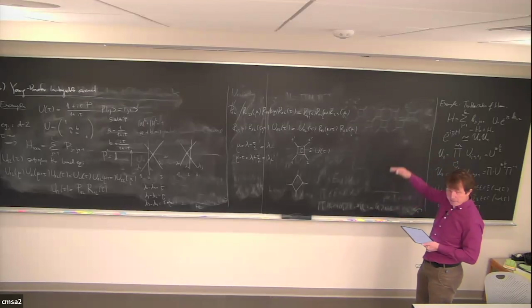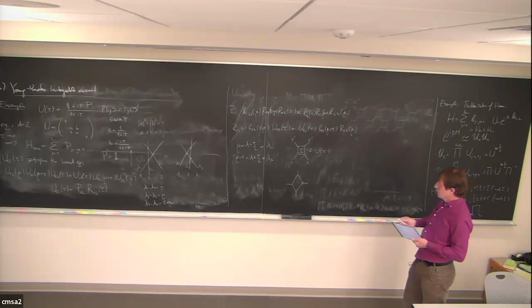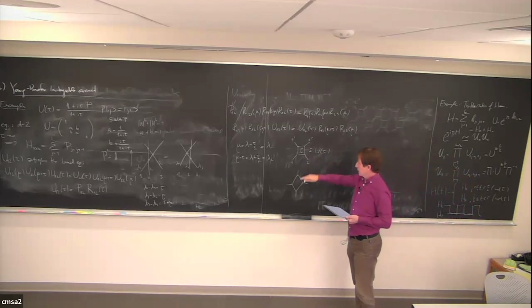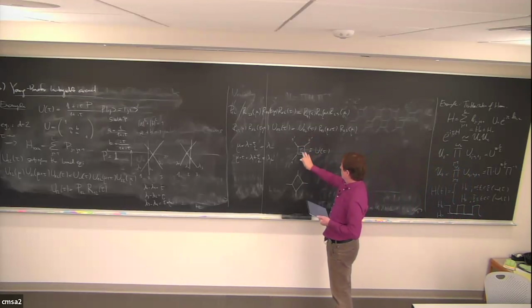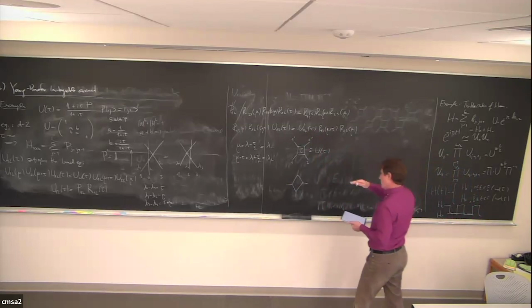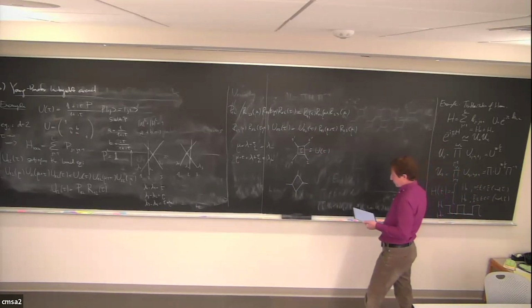But since for us time always has a well-defined direction, it's useful to rotate these things. For example, horizontal wires will be called auxiliary space. Vertical wires will be called physical space. Everything that we can push in the time direction is physical. Things which are perpendicular are just auxiliary.